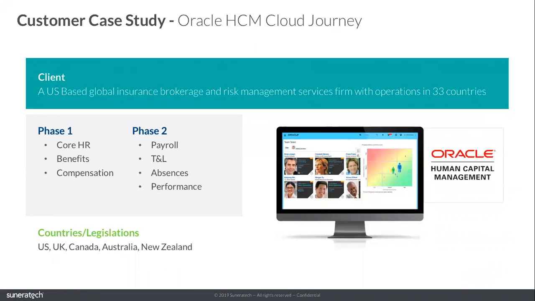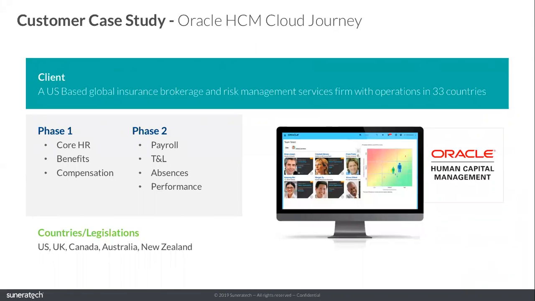Okay, great. Thank you, Floyd. So let me get started on the customer case study. A customer, it's a US-based global insurance brokerage customer which operates in 33 countries. They've undertaken their cloud journey last year.